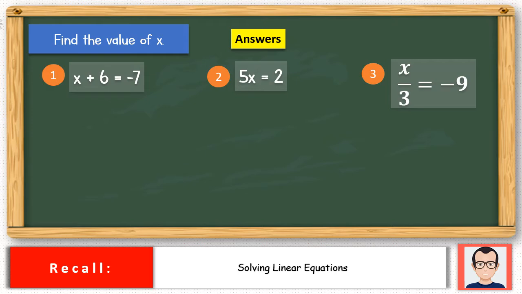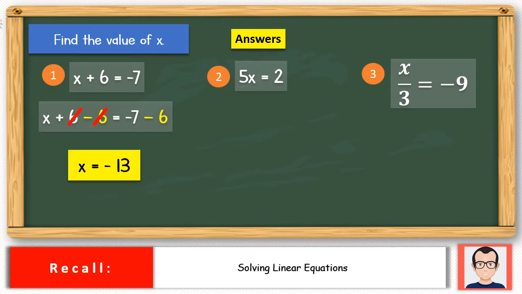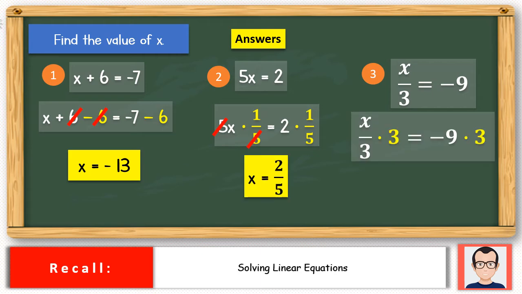Let's recall the steps for solving a linear equation in one variable. Step 1. Simplify both sides of the equation. Number 2. If applicable, use the addition or subtraction properties of equality to collect the variable terms on one side of the equation and the constant terms on the other side.